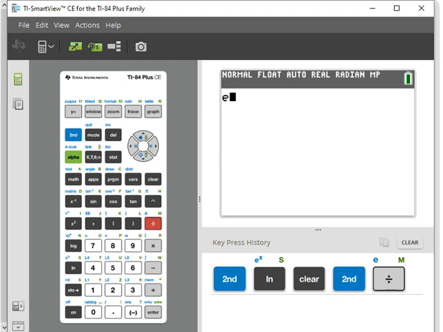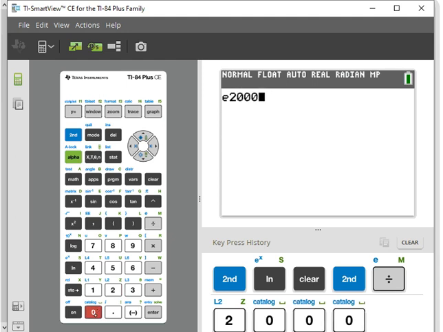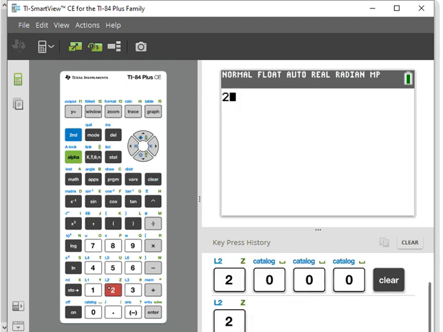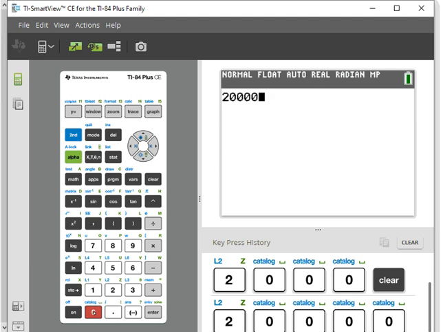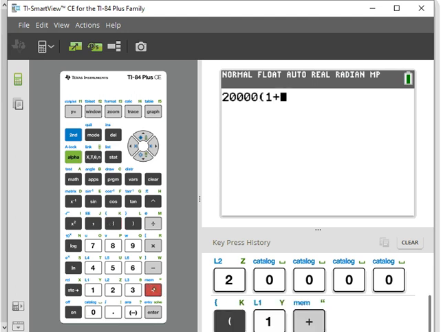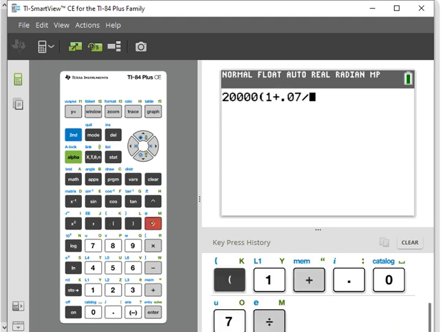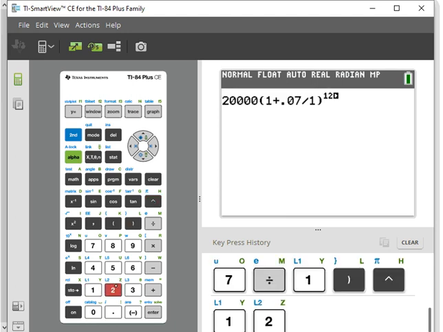But when we plug it in, we've got 20,000, oops, I got my e in there, sorry, 20,000 times (1 plus 0.07), and the first one was 1. Now clearly, if you're doing the math in your head, you're probably like, we just leave it as 0.07.